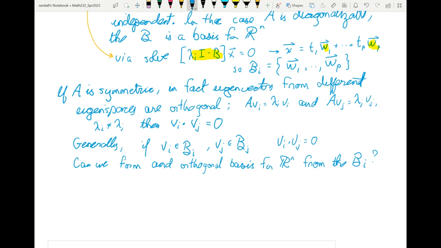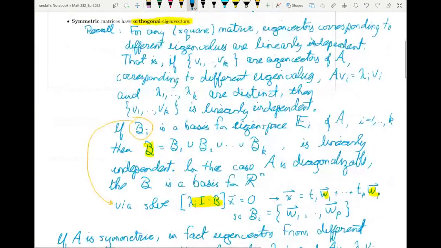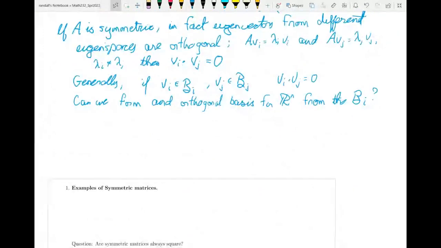So it's true because a symmetric matrix is diagonalizable. The eigenvectors, if you put all those bases for each eigenspace together, that's a basis for Rn.